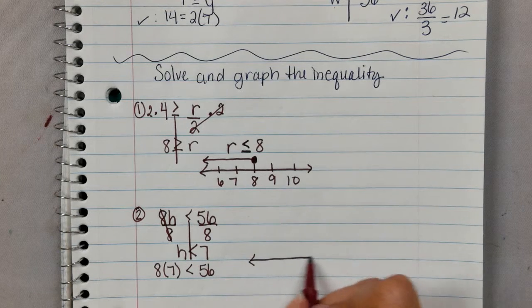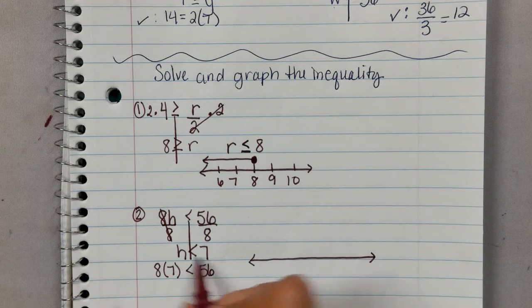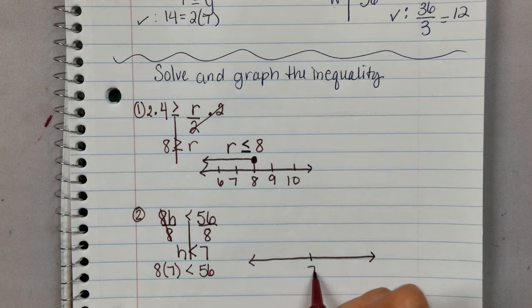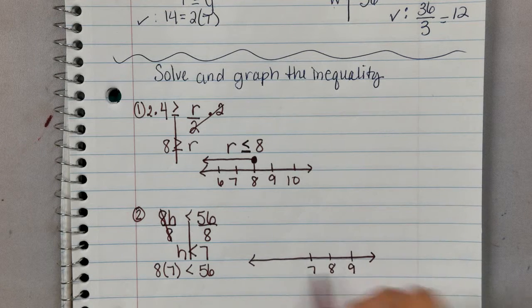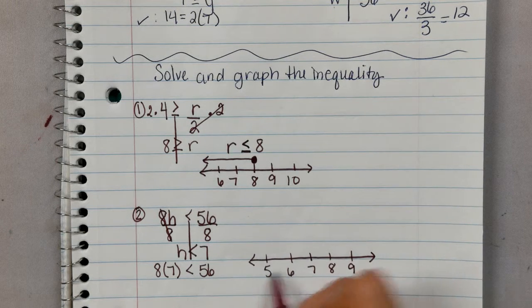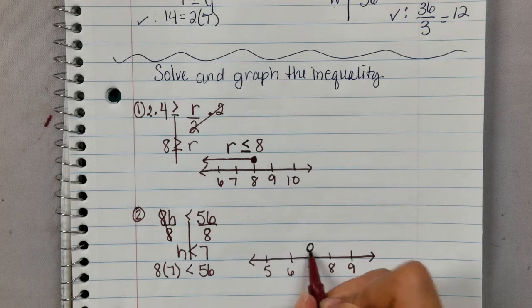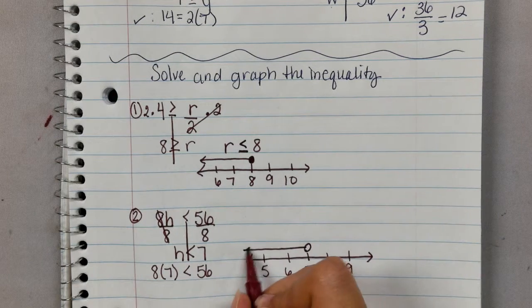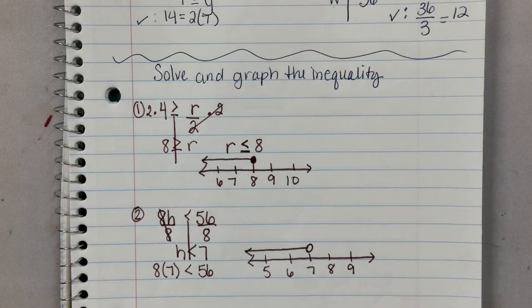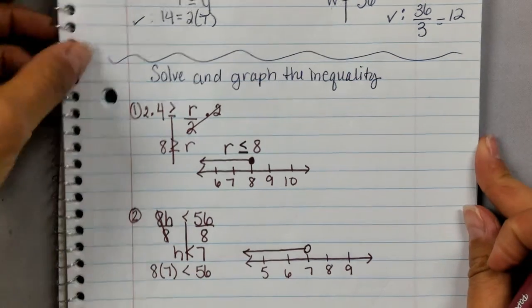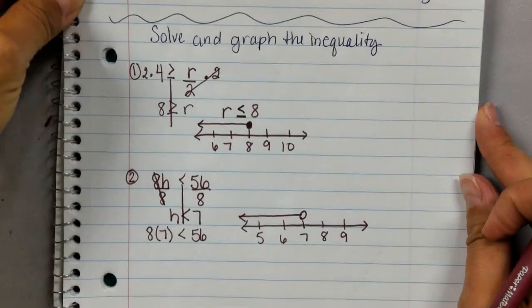So when you go to graph this, make sure you don't fill in the circle there. So put a couple of numbers above, a couple of numbers below, and it is an open circle to the left, because left is less than. Okay, let's do a couple more.